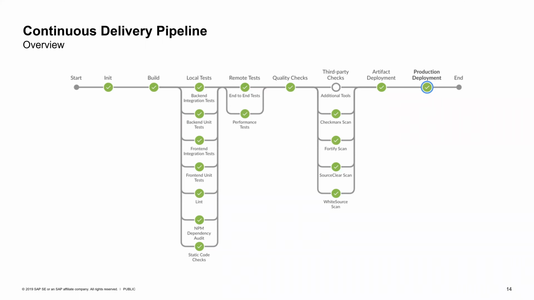Quality checks are specific to the SAP Cloud SDK pipeline because those are tests that are really specific to the use case that we're targeting. So for example, if you're integrating with an S/4 system, then you definitely don't want your application to behave badly if the internet connection faces an issue or something.